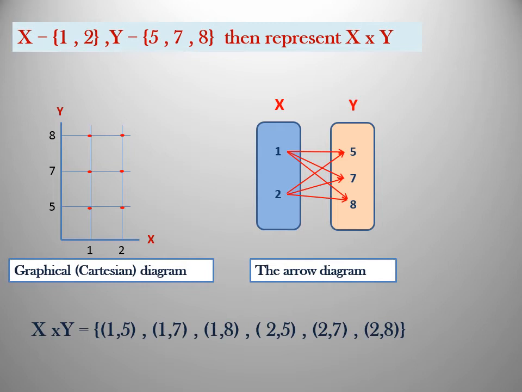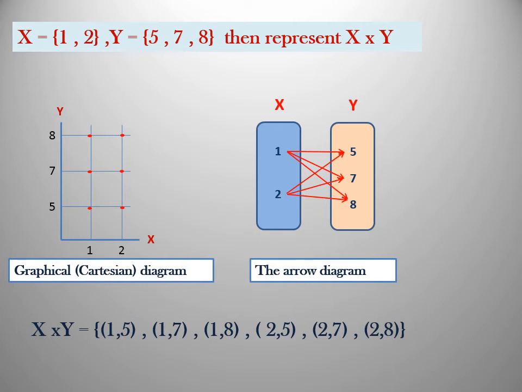When I see the arrow diagram and I see 1 go to 5, 7 and 8, it means X crossing Y. X is the first set, Y is the second set. So this arrow diagram represents X crossing Y.